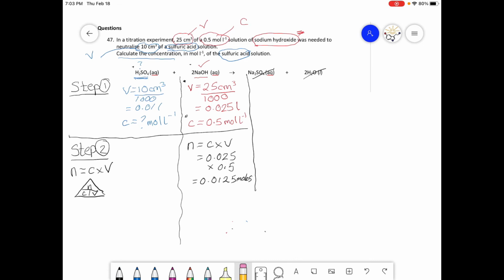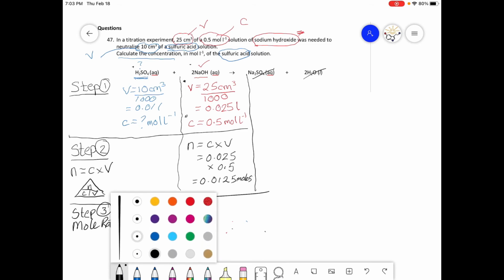So the next step is to look at our balanced equation and to look at our mole ratio. Step 3 is all about using the balanced equation to find the mole ratio. So what do we mean by that?